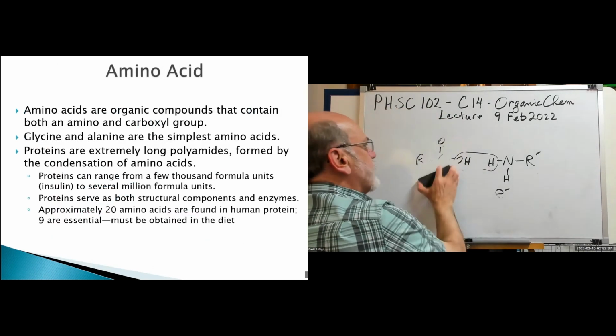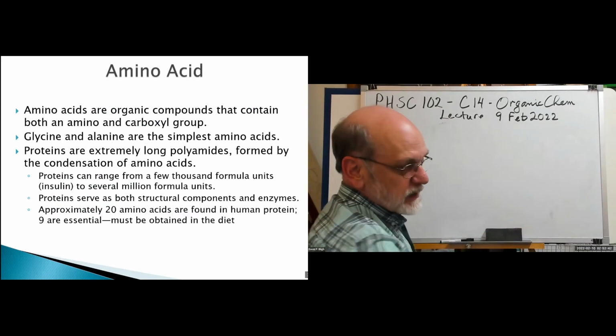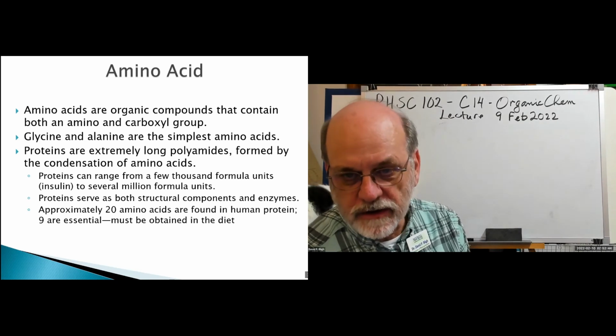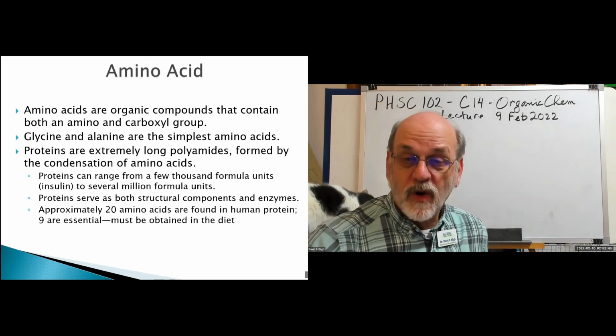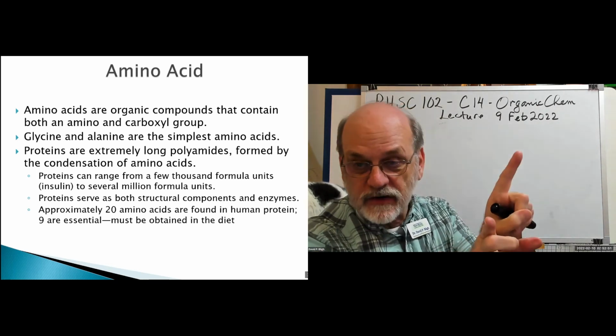Here's another very, very important organic molecule, a derivative. It's called amino acid. Why is it amino acid? Because it has an amine group and an acid group on the same carbon.